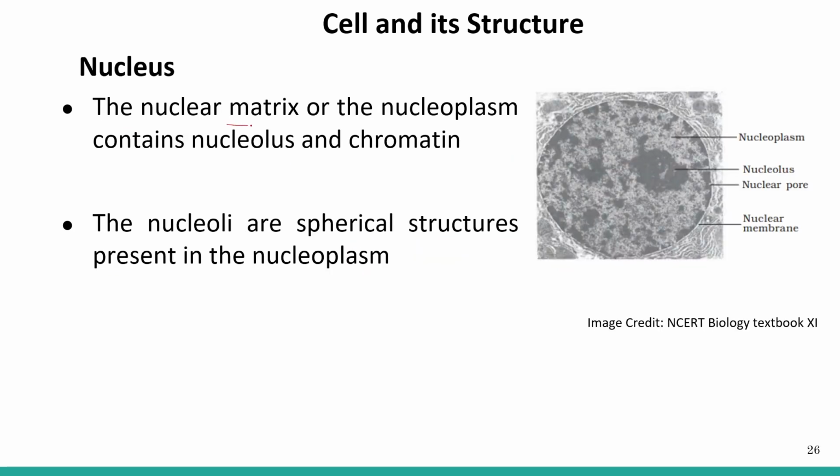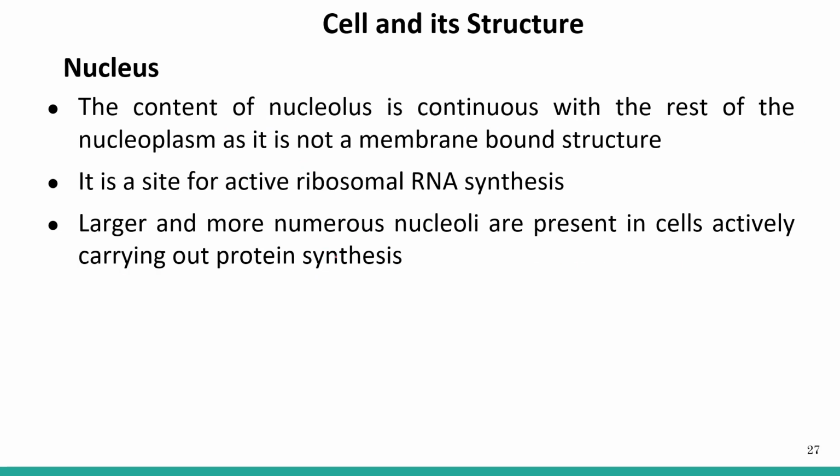The nuclear matrix or the nucleoplasm contains nucleolus and chromatin material. This we have already seen. Nucleoli are spherical structures present in the nucleoplasm.